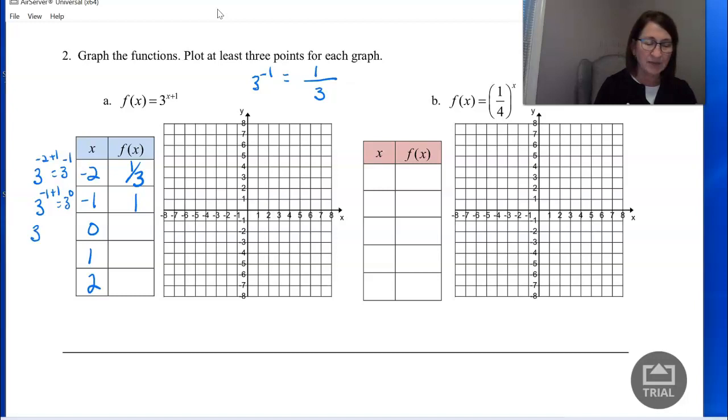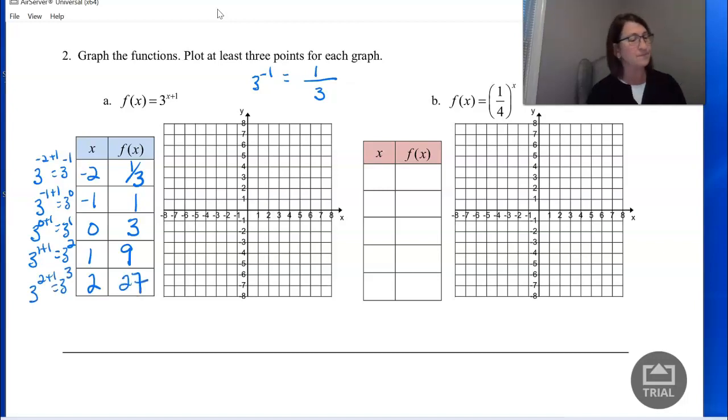If I've got 3 to the 0 plus 1, that's 3 to the first, or 3. 3 to the 1 plus 1 is 3 to the second, which is 9. And 3 to the 2 plus 1 is 3 cubed, or 27.